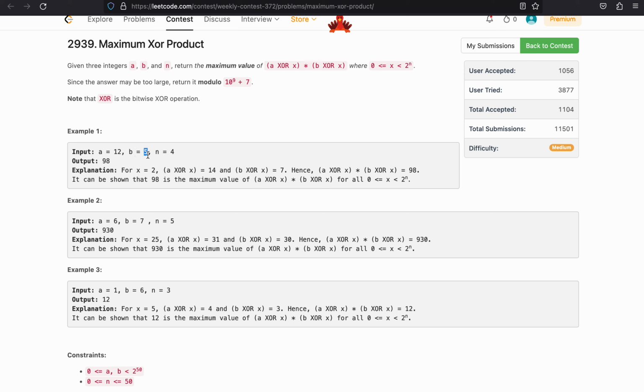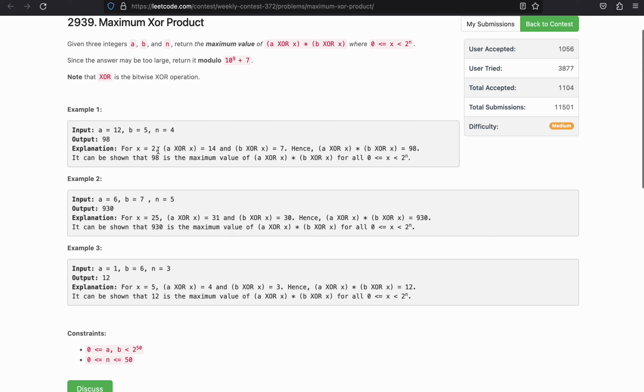We try to increase the 5 using bitwise XOR, and then we again check which one is the minimum and try to maximize it. So we are using bitwise operations, converting 5 into bits and 12 into bits.